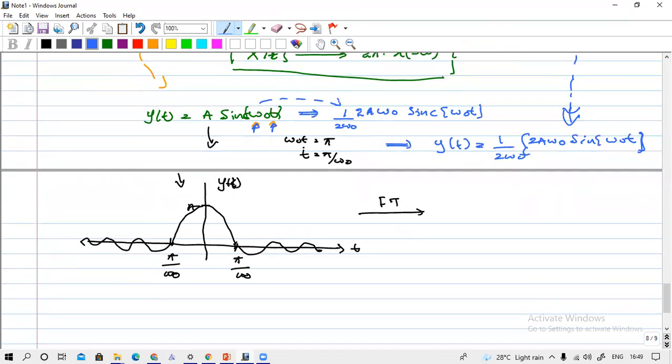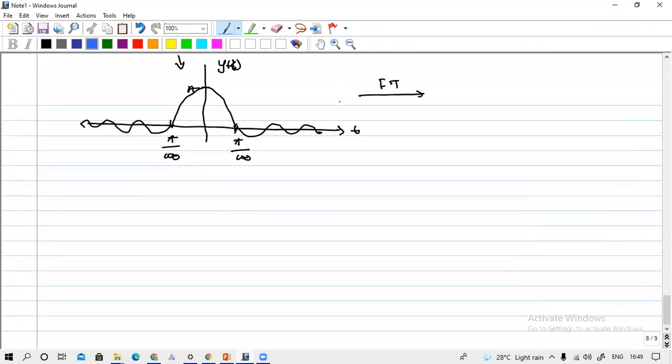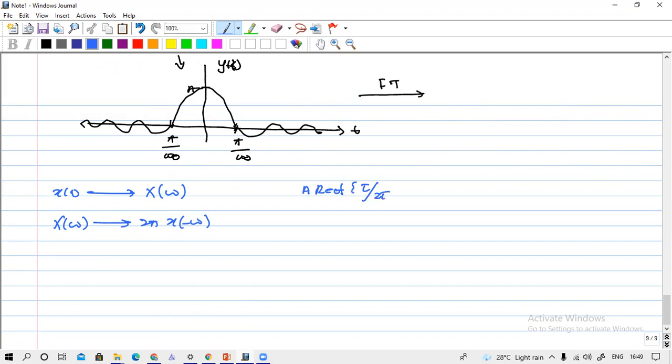Now I write it identical to the duality property. Here x(t) and X(ω). Now X(ω) should be 2πx(−ω). For x(t), we have rect(t/τ).